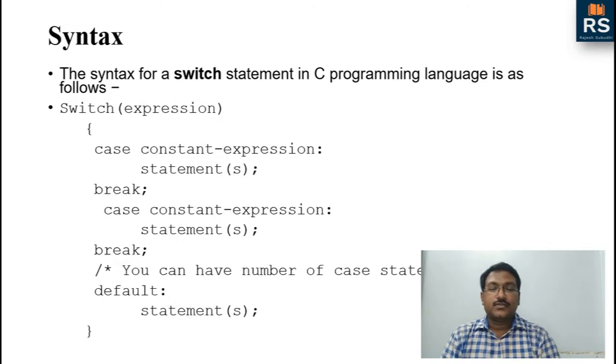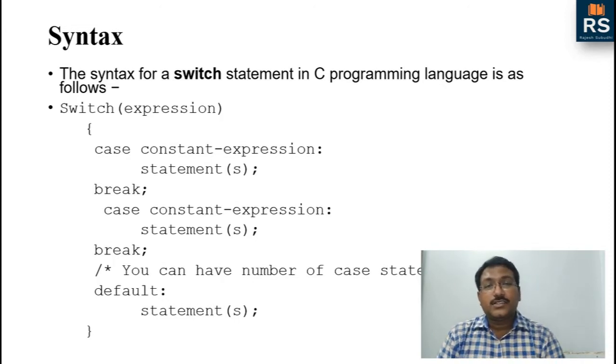At last you can see there is a statement written default, colon. So what is default? If we remember the if else statement, first we check the condition in if. After that, if that condition is not satisfied, then we go for the else if conditions.